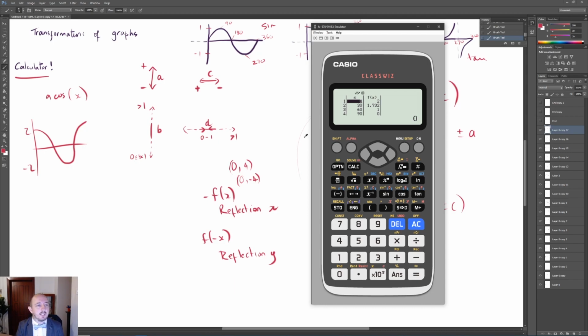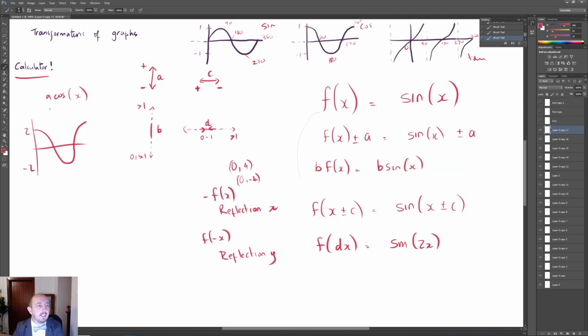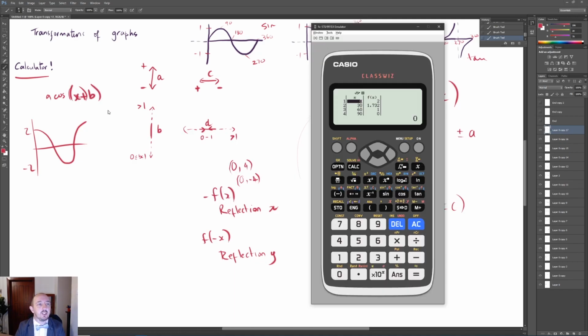If it's got in here an x plus b, that's telling you it's been shifted. Well, you can go into your calculator and say, oh, I think it's gone 30 degrees to the right, but I put plus 30 by accident, because 30 degrees to the right should be a minus 30. And you do this, and you get your values, and you go, hang on a minute, that's not quite right, it should be the other way round.